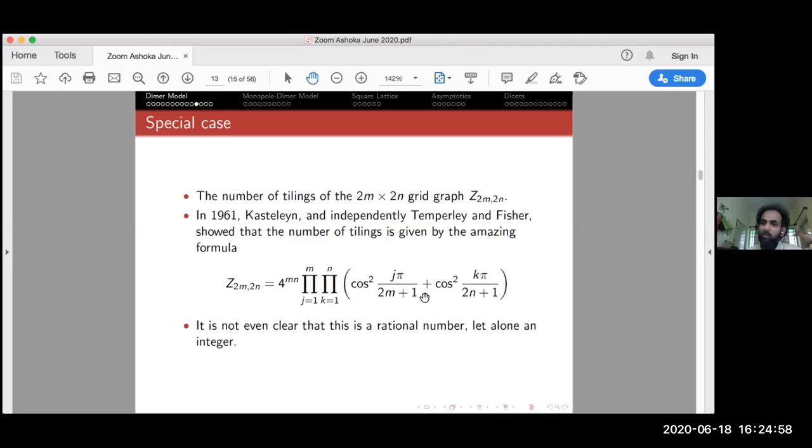If you can imagine m and n are large, like 20 and 40, then these will be horribly irrational numbers. And you're summing them, and then taking a product over all of these. So a priori, it's not even guaranteed that you're going to get a rational number, let alone an integer, right? And yet the theorem guarantees that this is always an integer, and it's the number of perfect matchings.